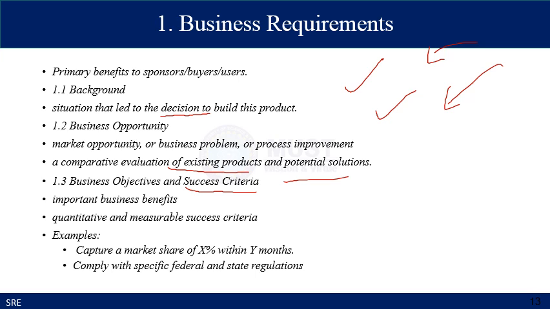For example, you can quantitatively measure that your product captures a market share of X% within Y months. For example, you can say there will be 10,000 users of your application in the first 6 months, and from that quantitative and measurable success criteria you can identify the return on the investment. You can also specify another example in which you have a business objective which says that you have to comply your product with the specific federal and state regulations.